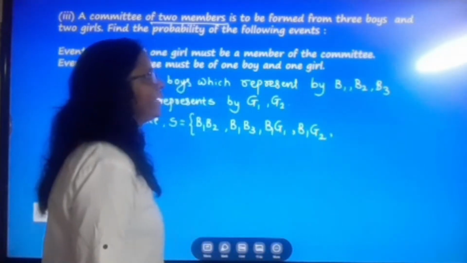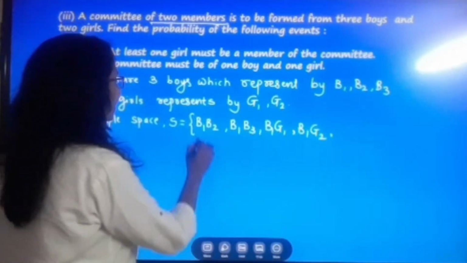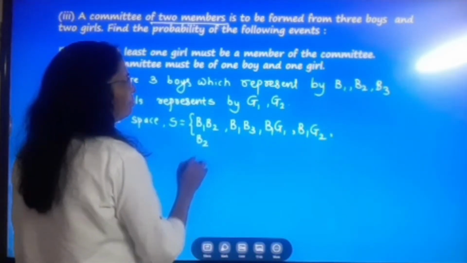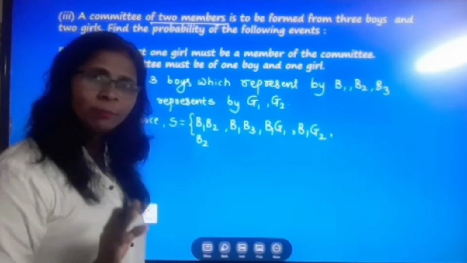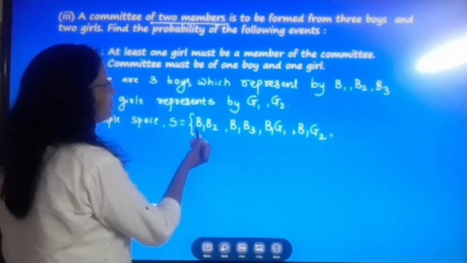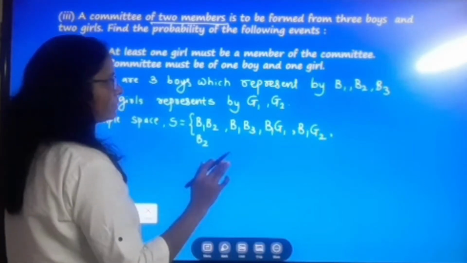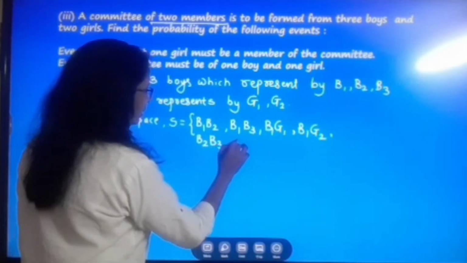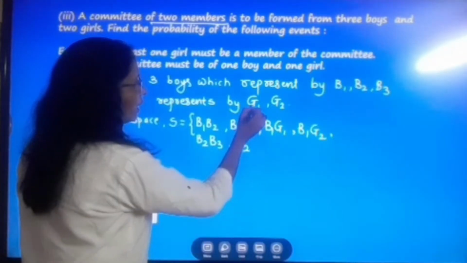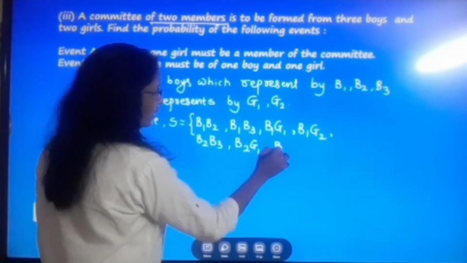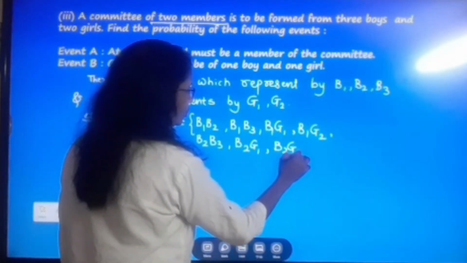Then from B2, I get B2, B1, that is the same thing. So do not write B2, B1 again. B1, B2 and B2, B1 are the same thing. So now B2, B3, then B2, G1 and then B2, G2.